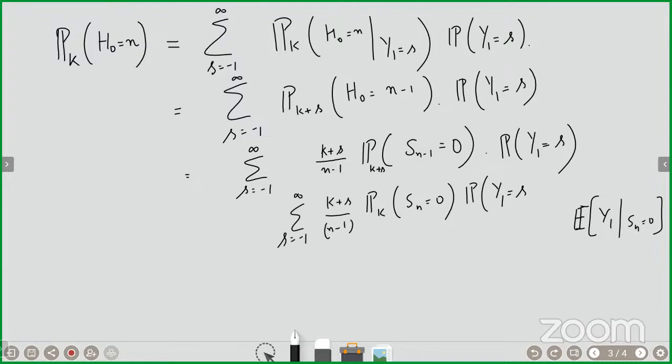Tell me, how do I somehow involve this quantity? The k over s minus 1 is useless. There is no more randomness left in the k over. So if I put that out, it will be k over n minus 1 summation.